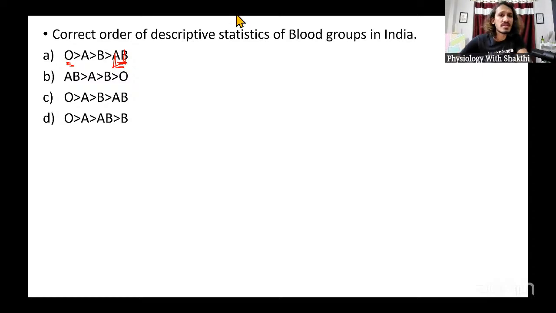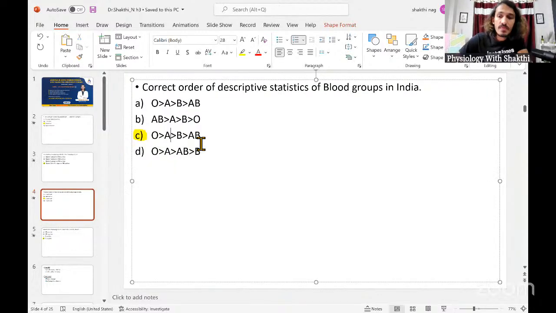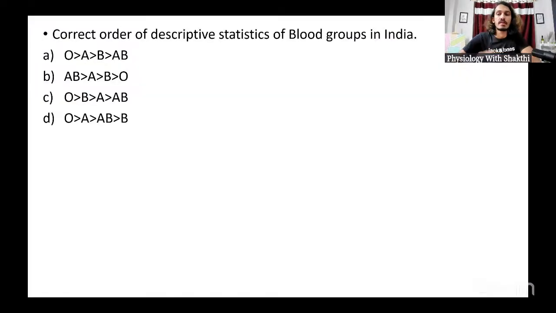Okay, this is just a slight mistake from my part. I put the same option twice. But in India, this is your answer. O is the highest, second highest is B, then A, last AB.